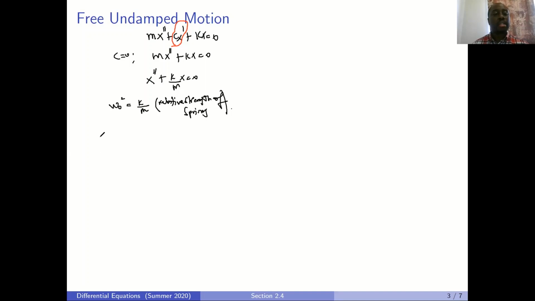Okay, so that gives us the equation x'' plus omega naught squared x is equal to 0. Let's just use w because I can't seem to write omega. So this is x'' + w0² x = 0.